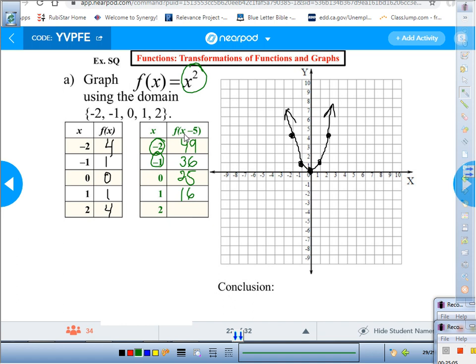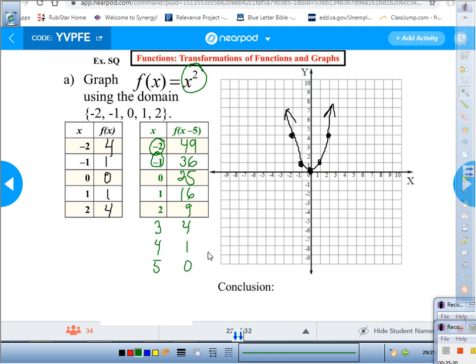What is 2 minus 5? Negative 3. What is negative 3 squared? 9. I'm going to give you another value, 3. What is 3 minus 5? Negative 2. What is negative 2 squared? 4. Another one. What is 4 minus 5? Negative 1. What is negative 1 squared? 1. And the last one, 5. What is 5 minus 5? 0.